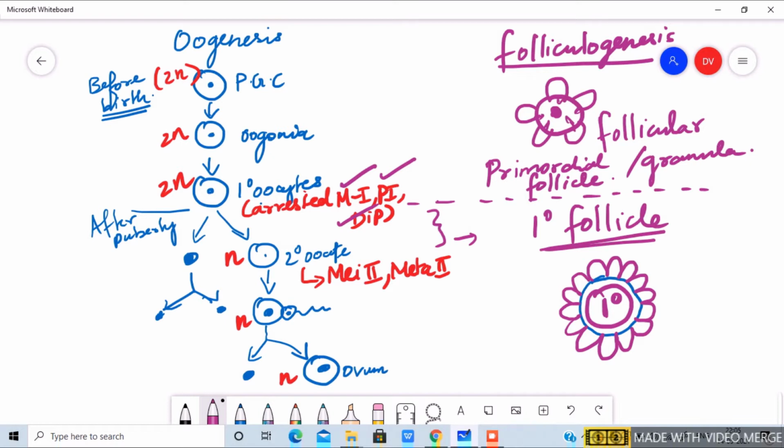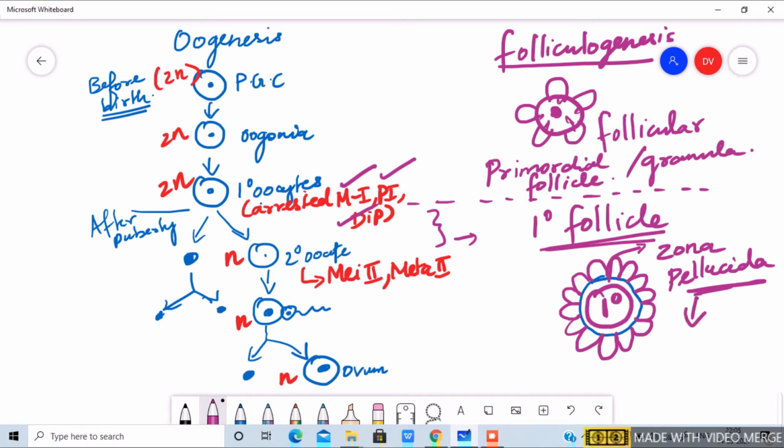Now what is this gap between the granulosa cells and the egg? This layer we call the zona pellucida. Who forms this? The granulosa cells surrounding the primary oocyte form this layer.